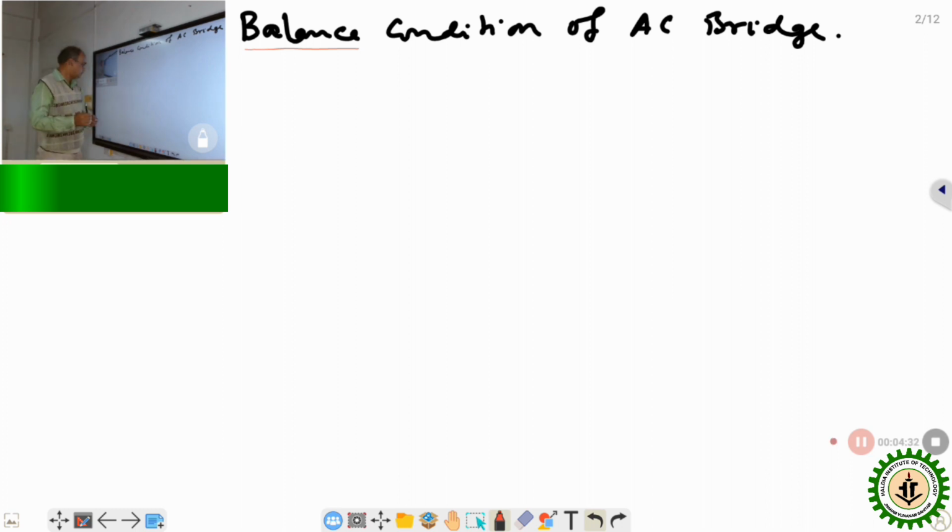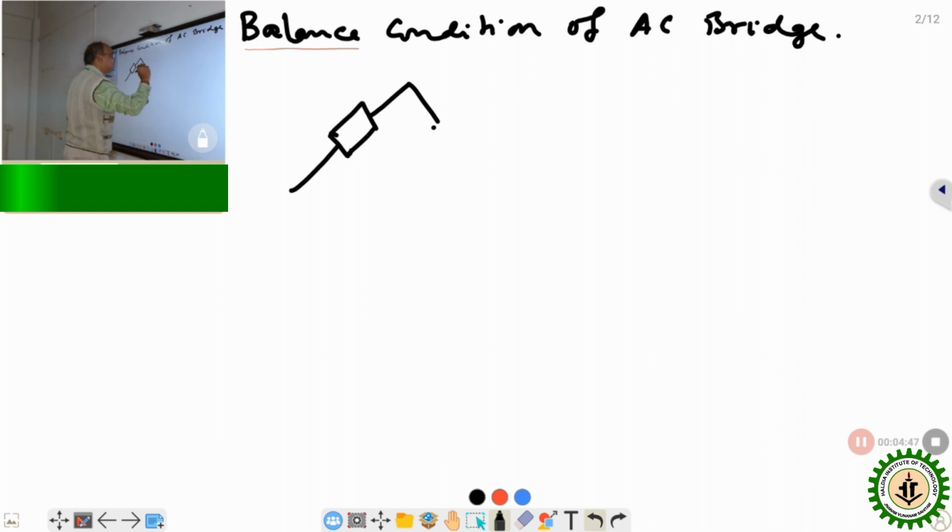Okay. Now, already I told you that it is a 4-arm bridge. So we draw the 4-arm bridge. Here you see the difference between the DC bridge and AC bridge is that the 4 arms consist of impedance instead of resistance.